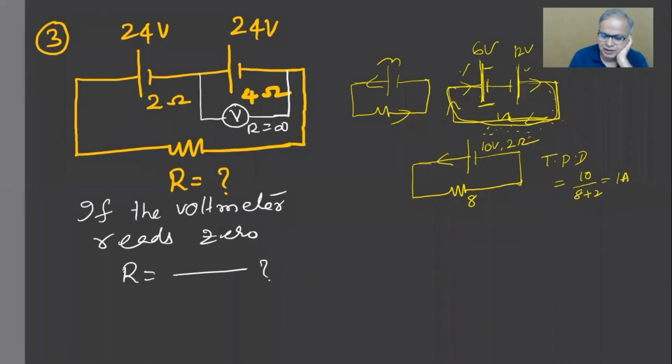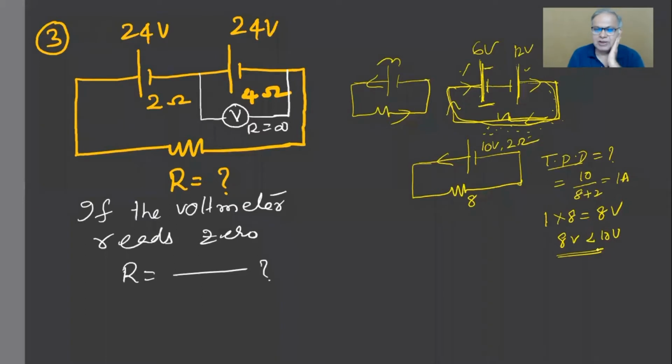So terminal PD will be how much? 1 into 8. I need to calculate the terminal PD. 8 volts. So this 8 volts is less than 10 volts.